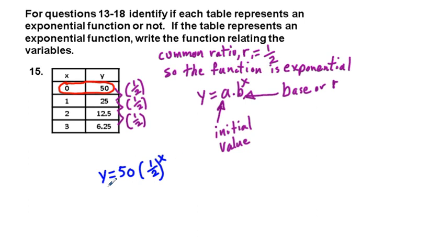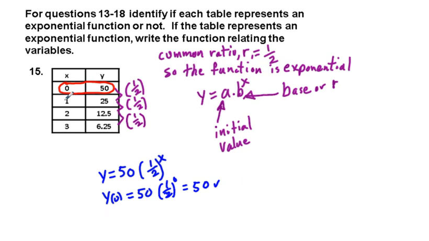And then we just test it out. If we plug in 0 for x, y sub 0 is going to be 50 times 1/2 to the 0 power. Well, 1/2 to the 0 power is 1, so we're going to get 50. So that checks out.